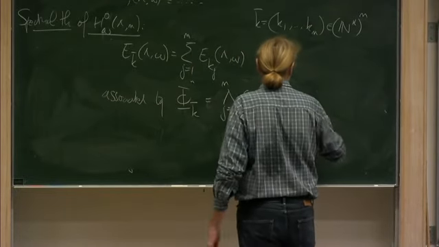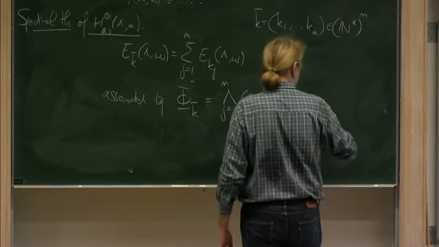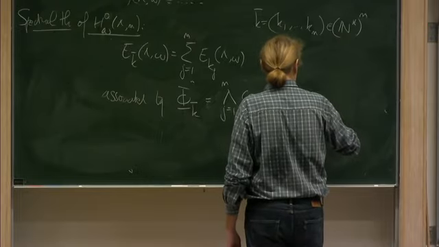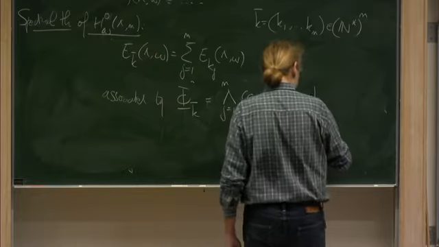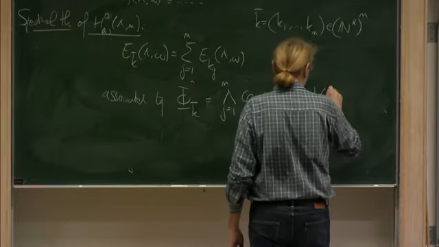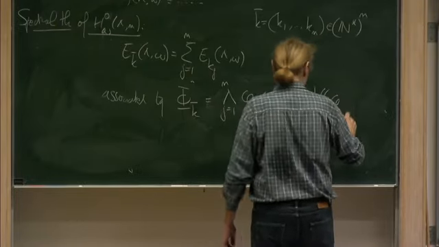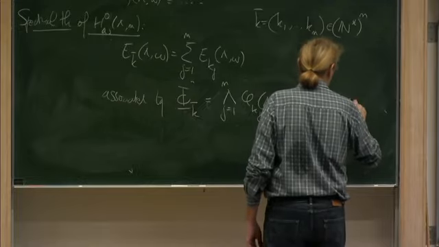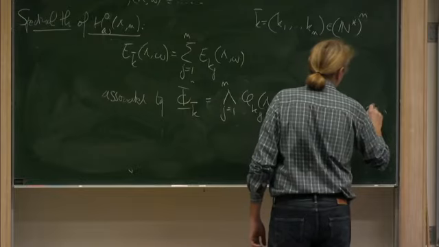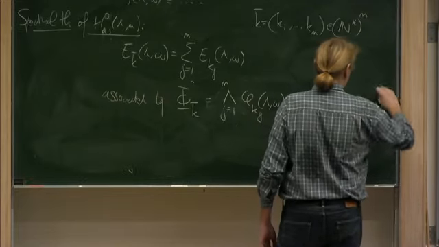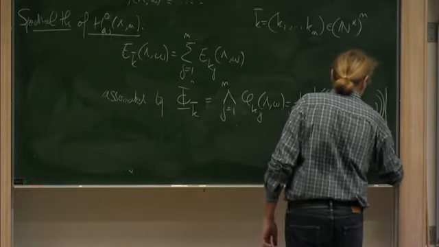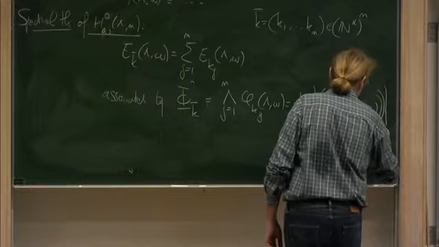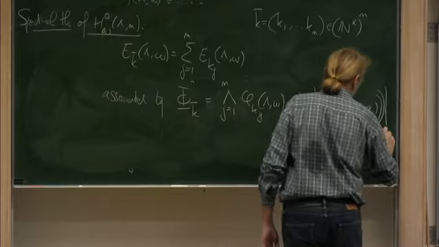So this is 1 over the square root of n factorial, a normalizing factor, times the determinant of the matrix phi_{k_j}(lambda, omega) at the point x_i, where i and j run over 1 to n.